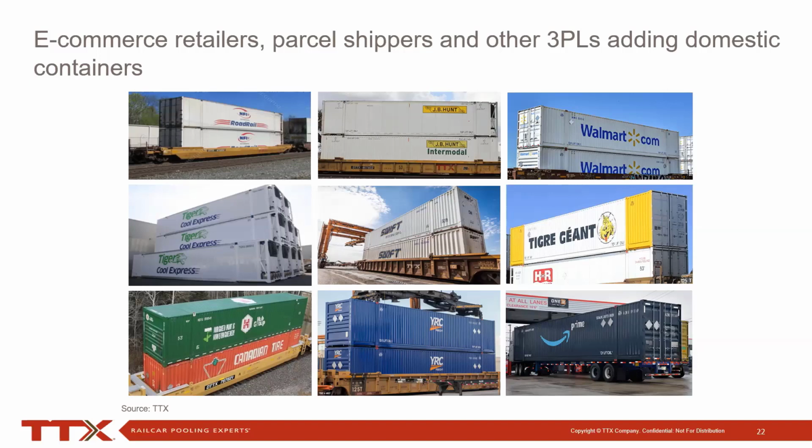Hunt, Swift, all of the major 3PLs are adding to their fleets, and certainly those containers could be used to handle e-commerce shipments. But you'll also see in the photos containers owned by some of the largest e-commerce retailers. And so I think the prior slide's statistical analysis may not be so far-fetched.